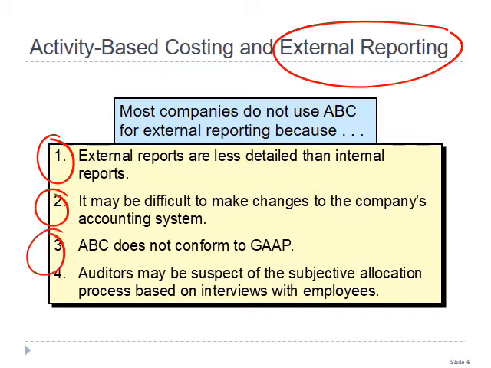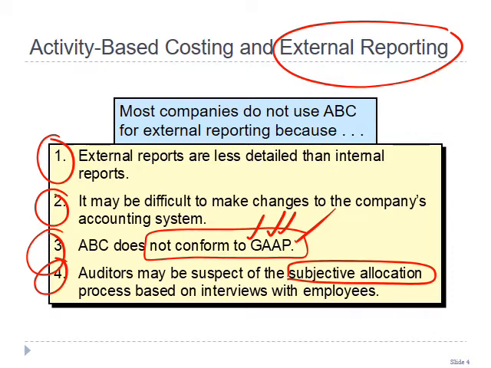The third one is that ABC does not conform with generally accepted accounting principles, which is not required by law. The fourth one is that it involves subjective allocation.